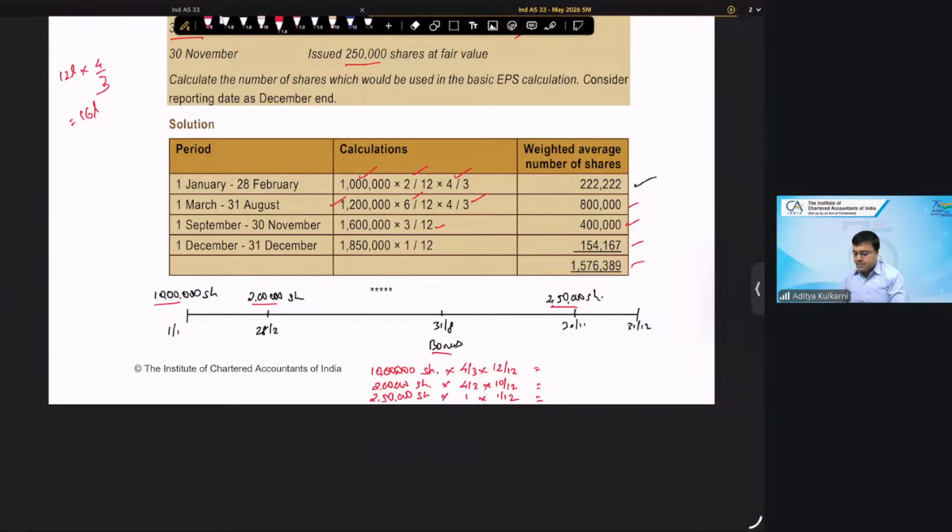Okay. 10 lakh into 4 by 3 into 12 by 12. So this gives you 13,33,333. 2 lakhs into 4 by 3 into 10 by 12. 2 lakh 22,222.